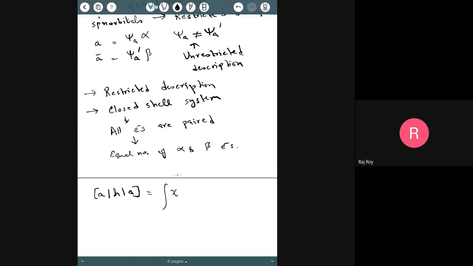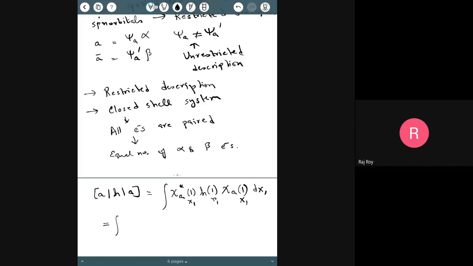And then you have this. This is dx1. So now these are all the space spin coordinates. But the Hamiltonian is only spatial, but the spin orbitals are space spin.